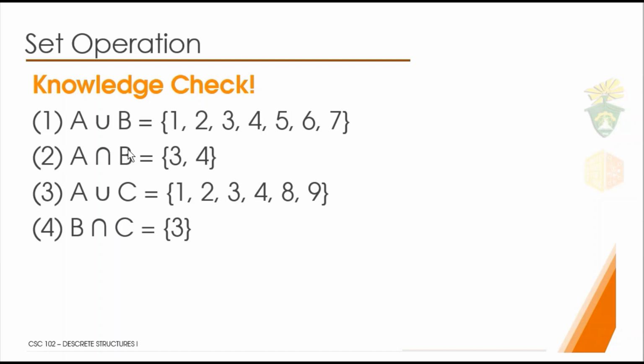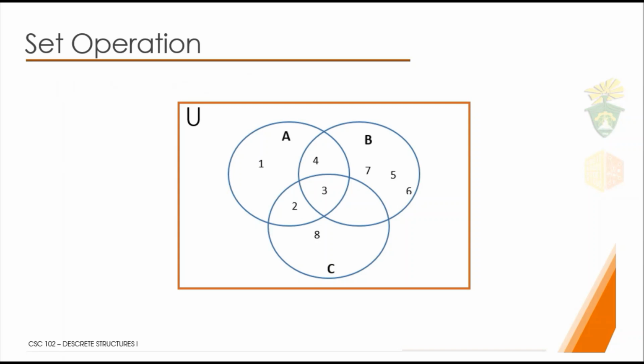If you are wondering why this is the solution, to easily visualize why this was the answer to the questions, let's use the Venn diagram. Here is the Venn diagram of the three sets, A, B, and C. As you can see, on the overlap of these sets, we put the common elements.